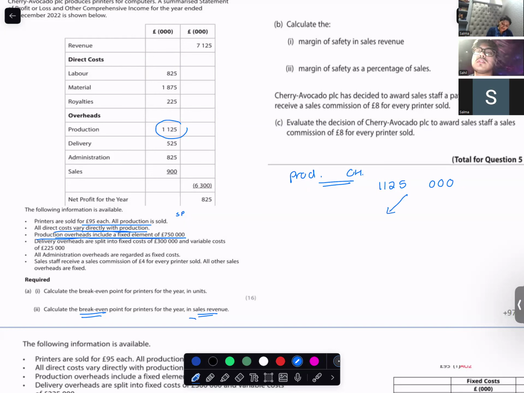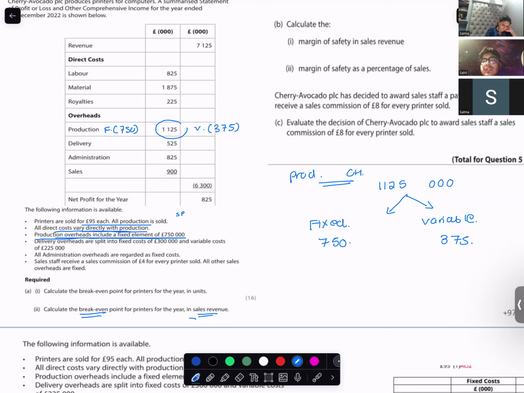From this production overheads, what is the fixed element? 750,000. So the remaining would be the variable element. I have to subtract: 375,000. So in production overheads, you have the fixed element as 750 and the variable element as 375.